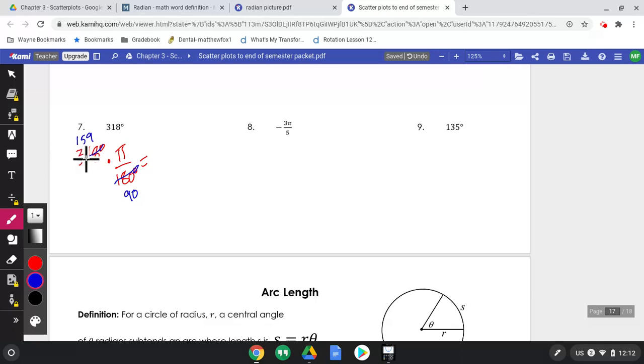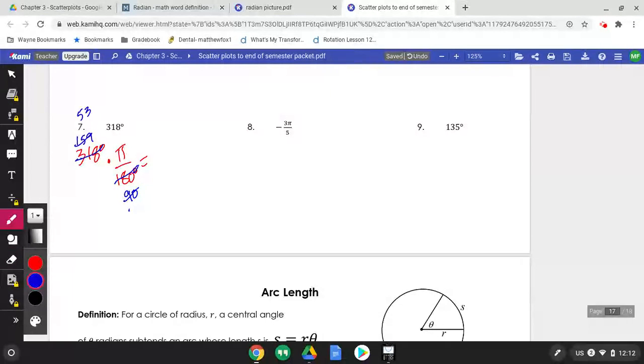So 1 plus 5 is 6, 6 plus 9 is 15. 15 divided by 3 is 5, so we know 3 goes into that evenly. 3 goes into 15, I misspoke, 3 goes into 15 5 times, and it goes into 9 3 times, so 53.